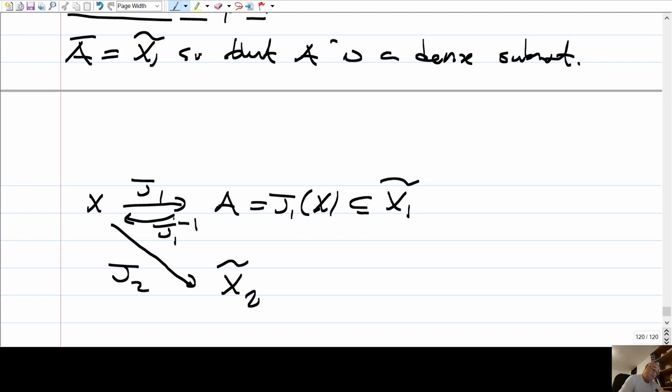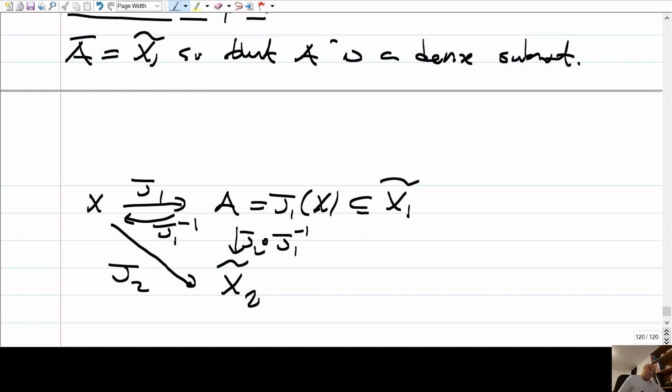However, you see, if I combine this inverse with J2, then I obtain a map from A to X2 tilde. What is this map? This map is J2 composed with J1 inverse. First, I go with J1 inverse and then with J2, so I go from A to X and X to X2.